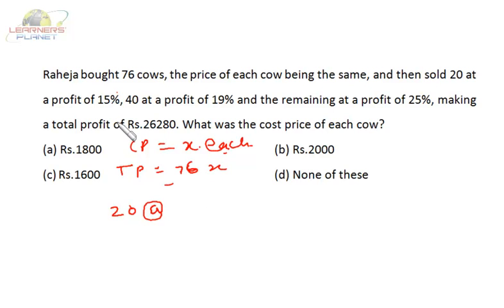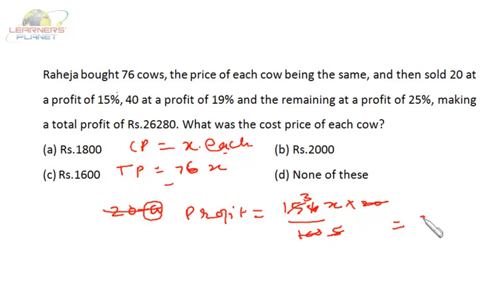It is 15% of X for one cow. For 20 cows, the total profit is this. So it is 3X.